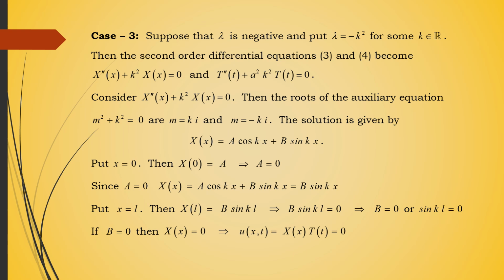If we take B = 0, what happens? Let us see. Already A = 0. Now if we take B = 0, then X(x) = A cos kx + B sin kx implies X(x) = 0. Then u(x,t) = X(x)T(t) implies u(x,t) = 0 because X(x) = 0.